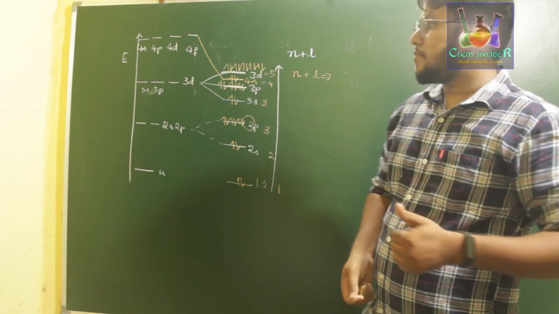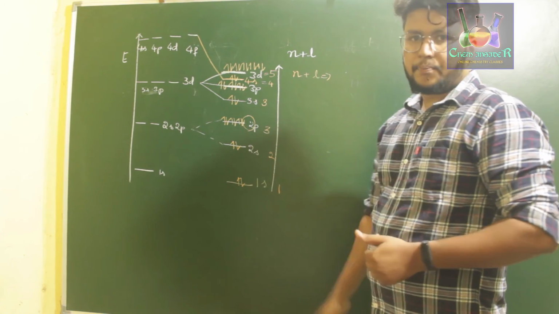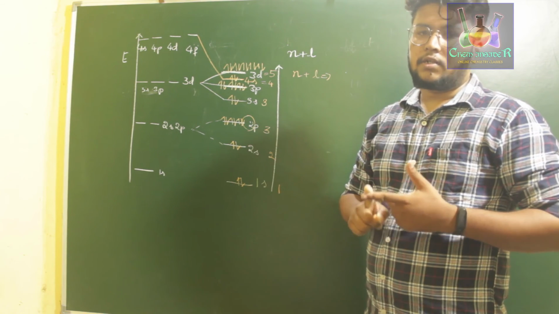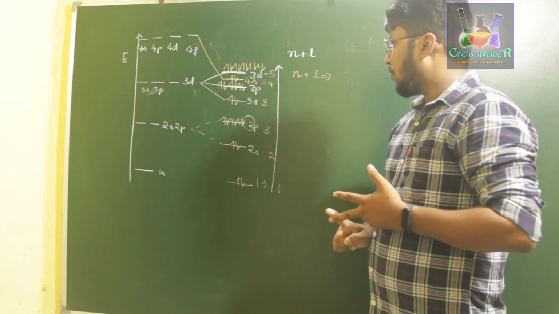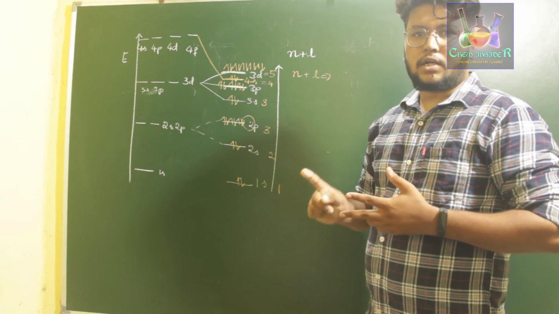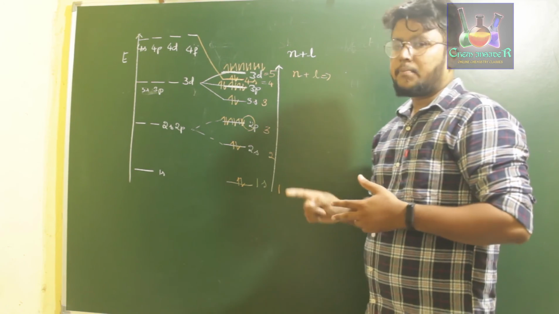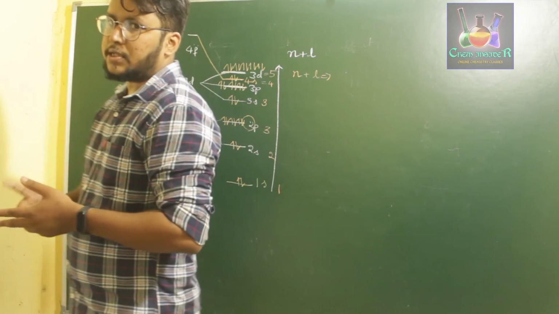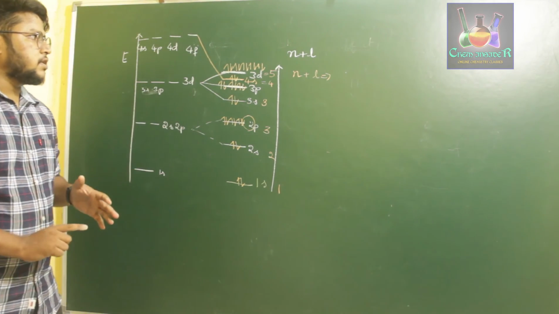First point, the energy level of a given orbital depends upon the n plus L value. Second point, the more the atomic number, the more the shielding effect and the less the effective nuclear charge. Third point, the effective nuclear charge, the attraction of the nucleus towards the electron, in the case of the hydrogen atom depends only on the principal quantum number, but in a multi-electron system, it depends on both the principal and azimuthal quantum numbers.